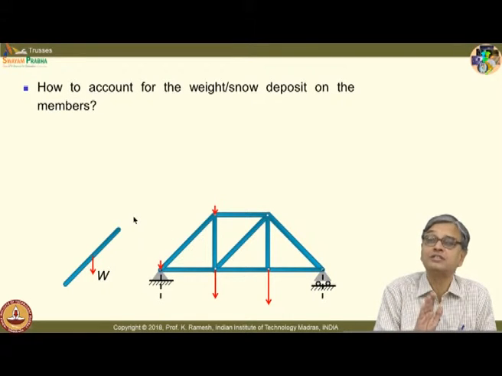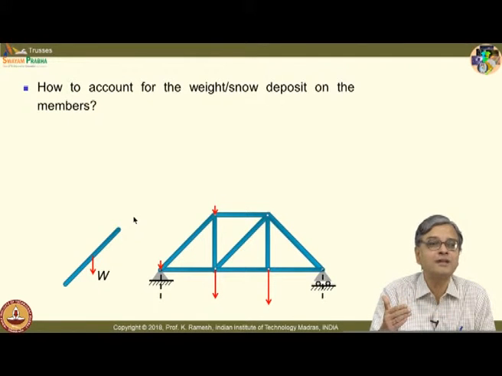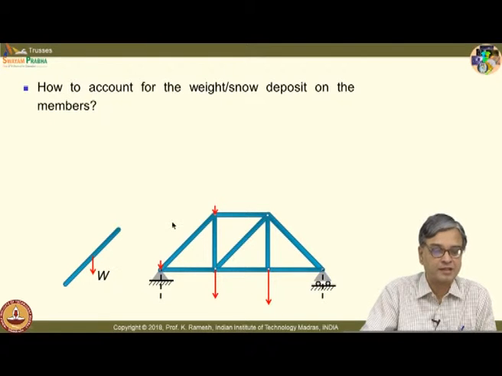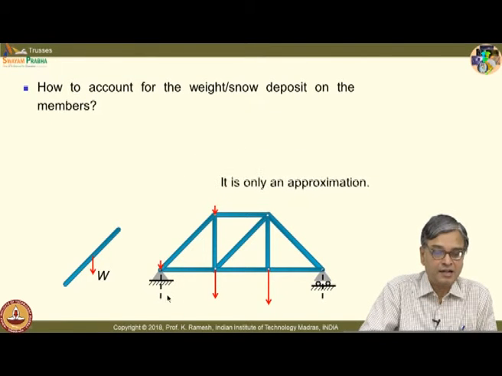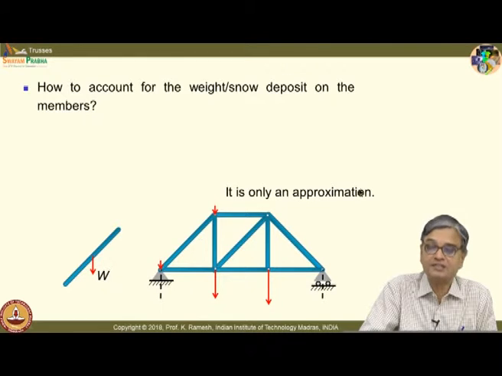This kind of an approach is acceptable in engineering analysis because it simplifies your mathematical calculations, yet it gives an improved estimate of member forces. So, I caution that this is only an approximation. Suppose I want to accommodate the weight of this member, I could put forces like this.